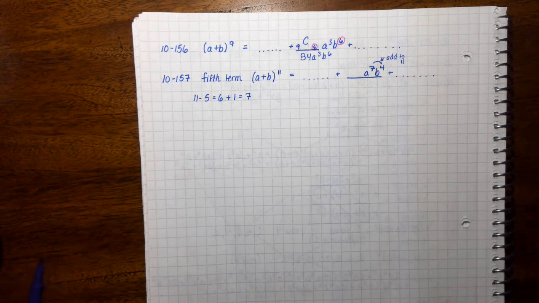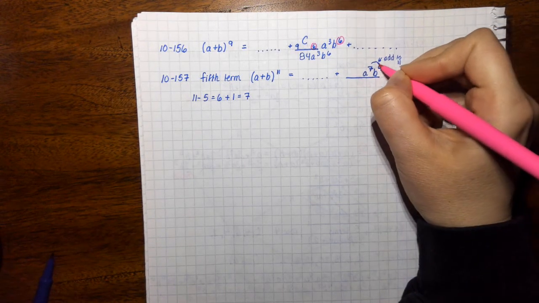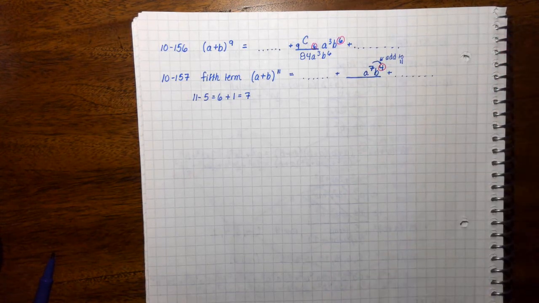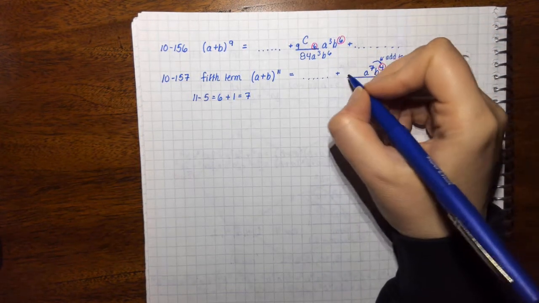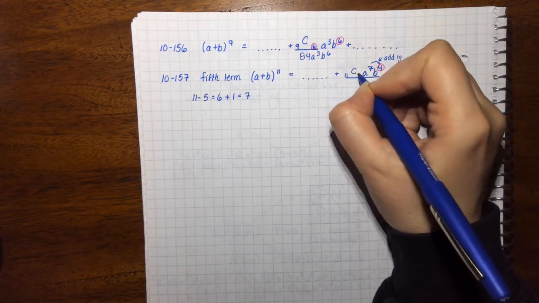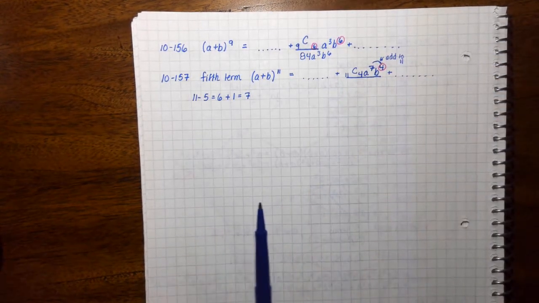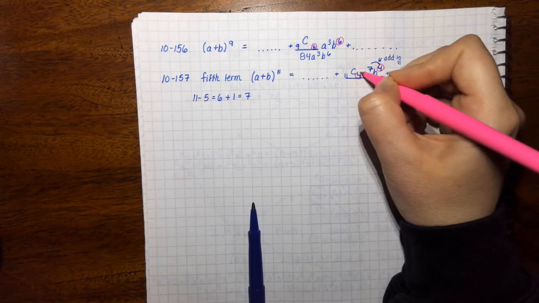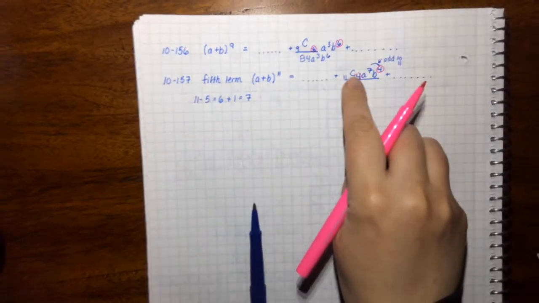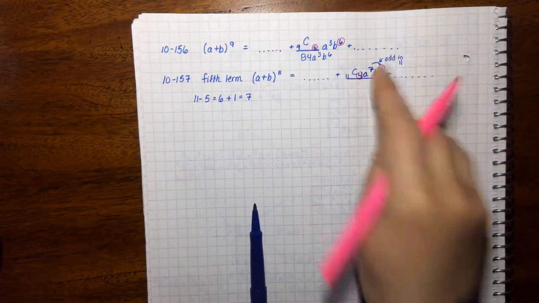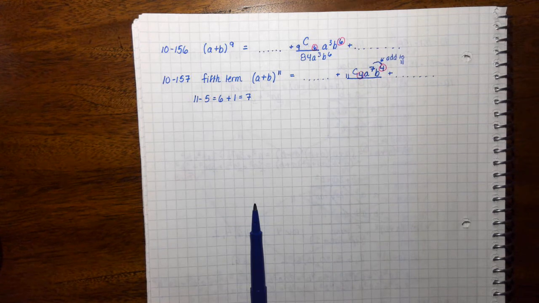Okay, now I'm going to use my trick from the previous problem. I know that is 4, so my combination on the front will need to be 11C4, 11 being the total, and combination 4 because that number needs to match the second exponent.